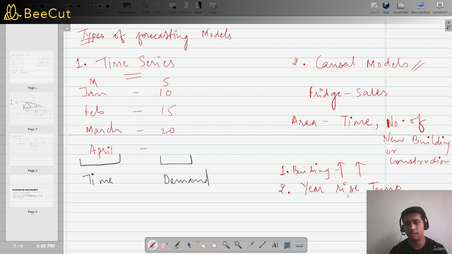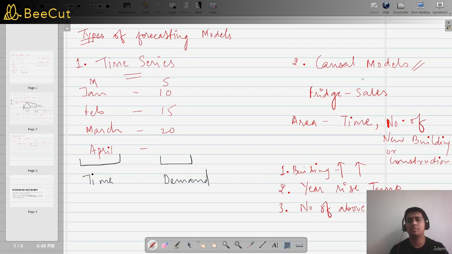So we want to use that data and incorporate that in our forecast. Or thirdly, the number of people above the poverty line. More and more people are getting jobs, they are shifting above the poverty line, and they want to have a fridge in their home. So these are some external factors.